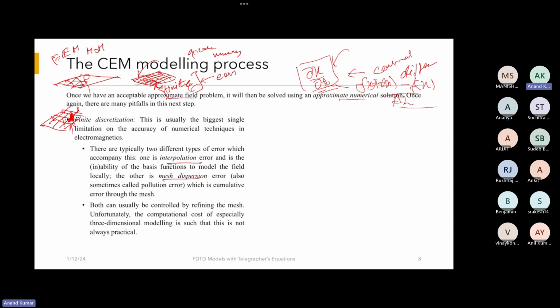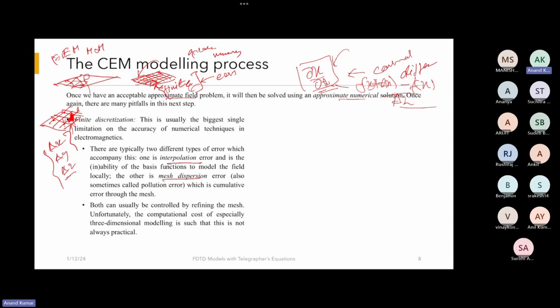This is something which you will observe when you start coding: if you have a smaller delta x, delta y, and delta z value for the fields, then the better is the approximation of the values at different points. And any errors due to these things are also contained by the finer mesh.